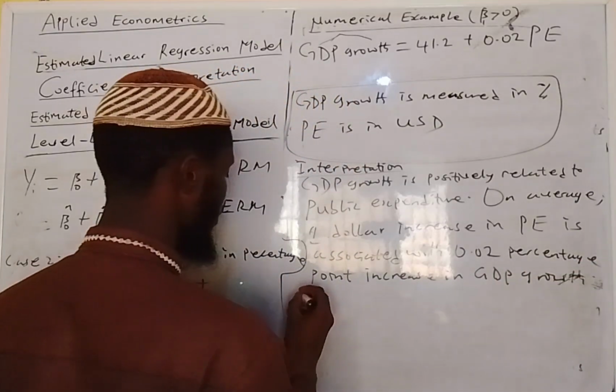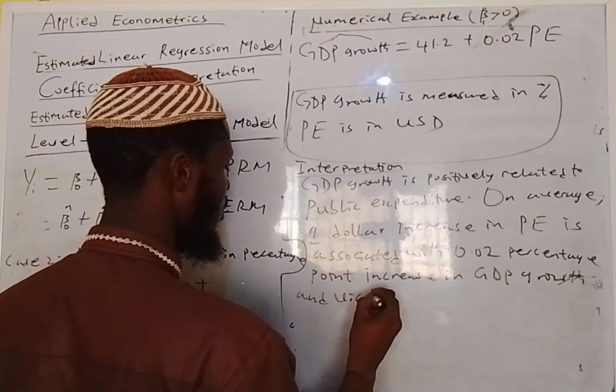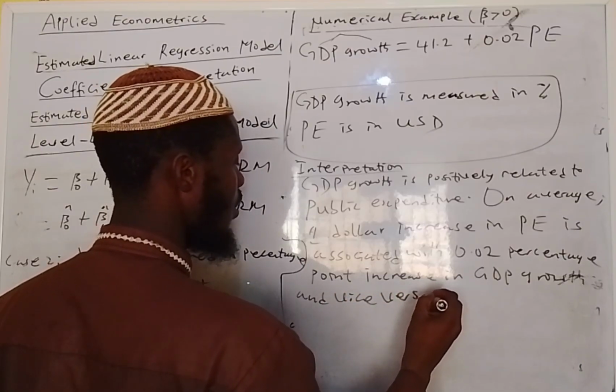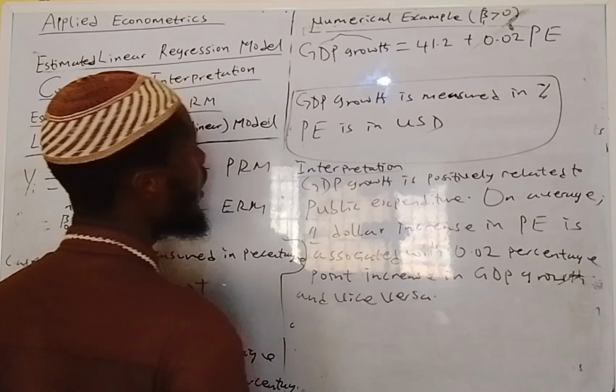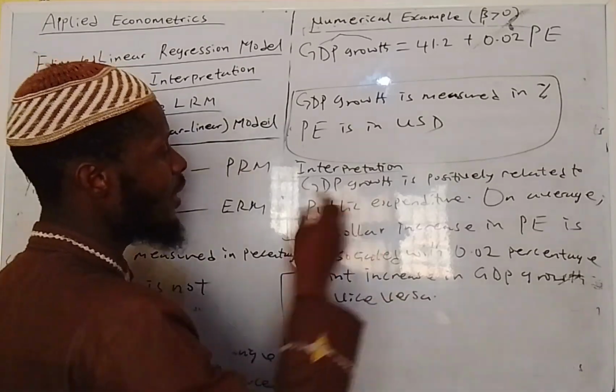Okay, and vice versa. Why is it vice versa? Because it's a linear model. It is linear in parameter.